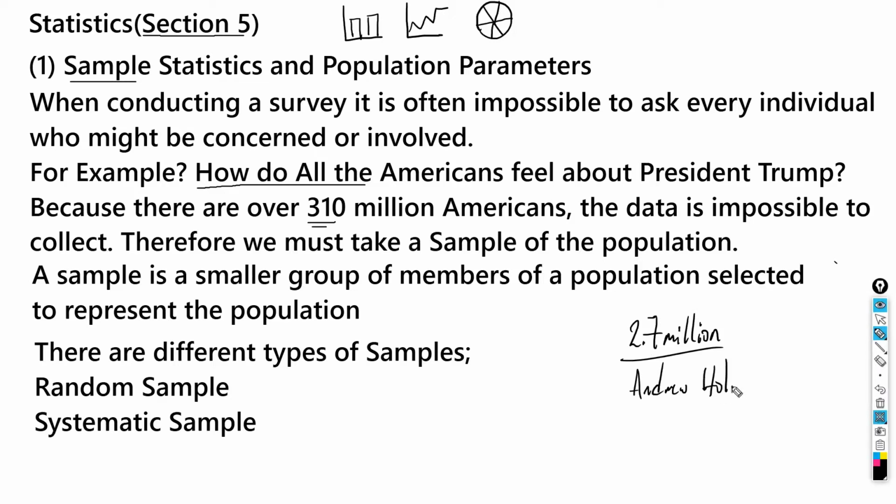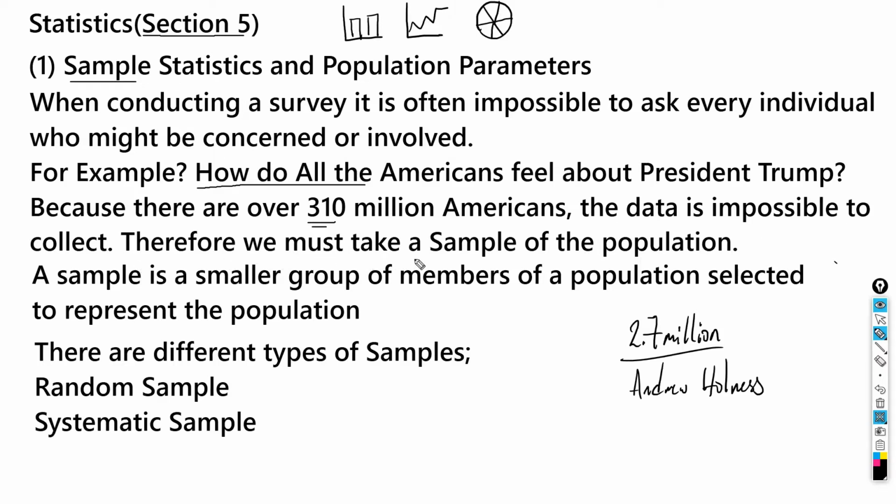But it's really not reasonable to ask 310 million people how they feel about the president, because there are just too many people. I can't even fathom it. The data is impossible to collect.